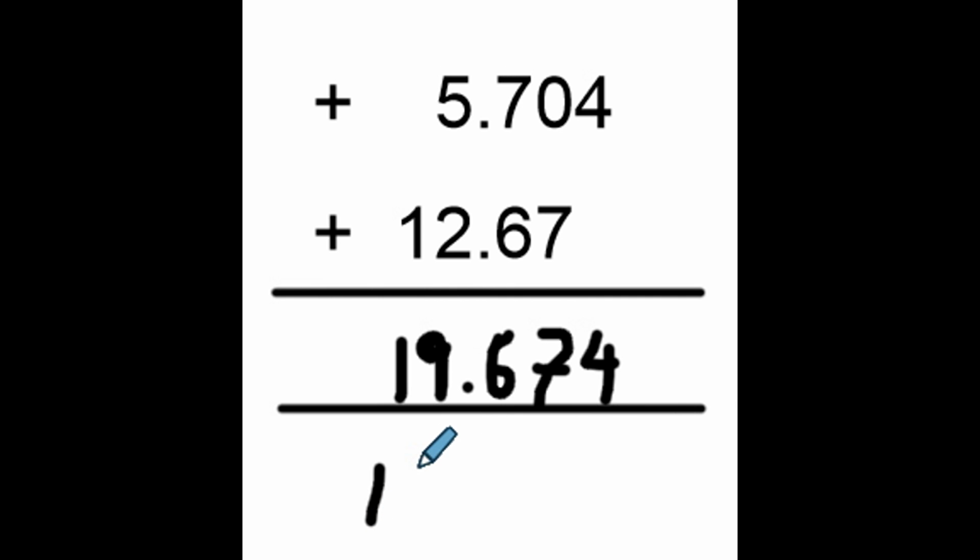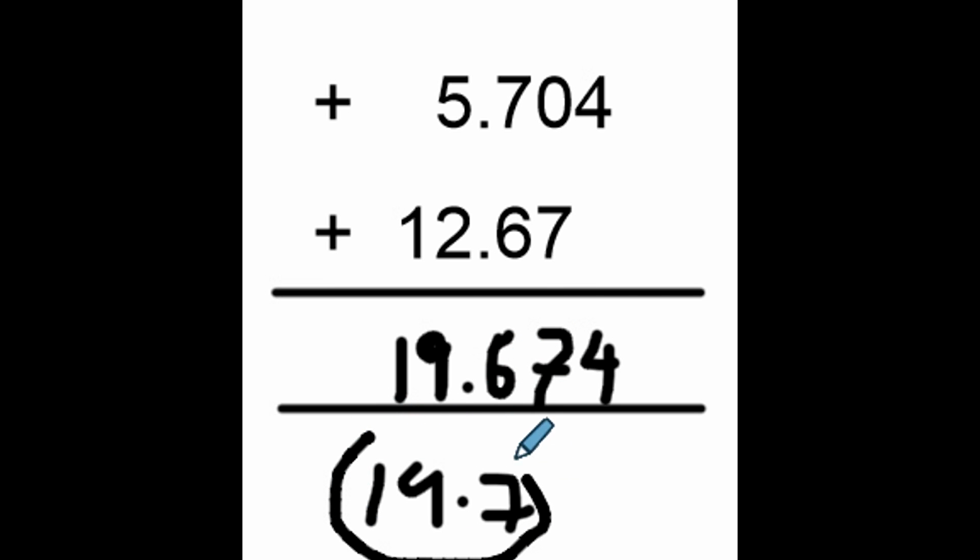I will have 19 point 7. This is 6 and this is up to 5, so I'll round off. I'll carry this 7, I'll call it 1 to this 6. 6 plus 1 is 7. So this is the answer in 1 decimal place.